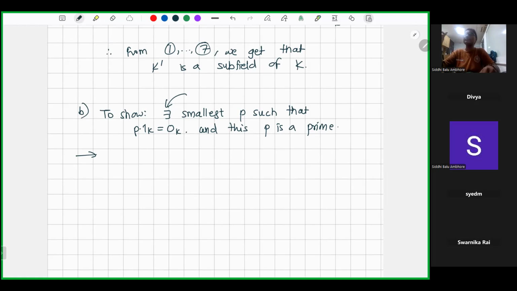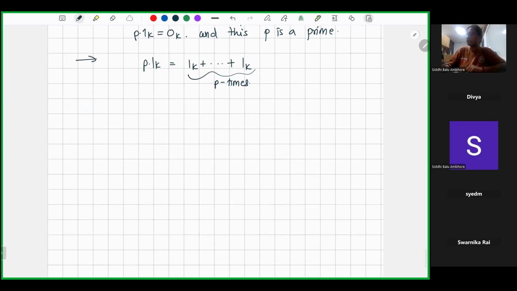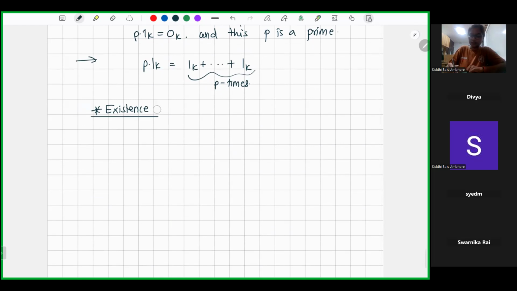I need to have the existence of such t in the first place to start proving that the smallest of such numbers exists. Just for the sake of notation, this means adding this 1k p times, as we have defined before also. So existence of p.